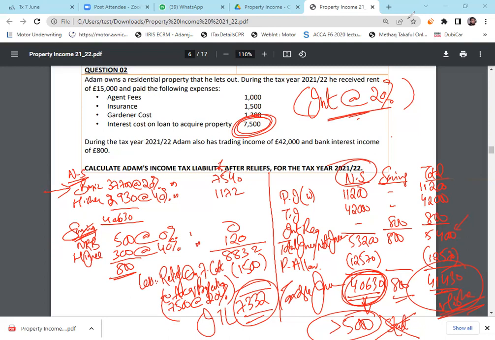So while we are making the main format and banding system, after we get the final answer, which is 8,832 in this question, we will deduct 20% of interest cost as a reduction in liability, to get the answer which will be called income tax liability. Got my point? Okay. Please copy it.